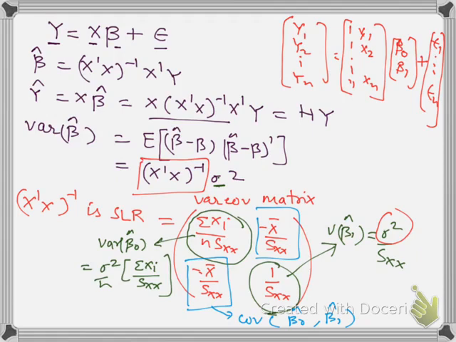The estimate for sigma square, sigma hat square, is S square, which is SSE over n minus 2, which in matrix world is y transpose y minus beta hat x transpose y.